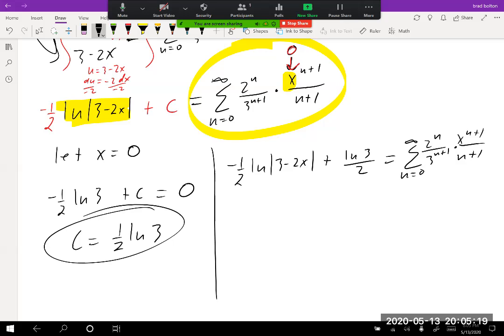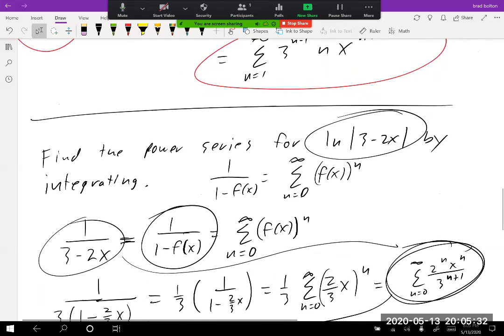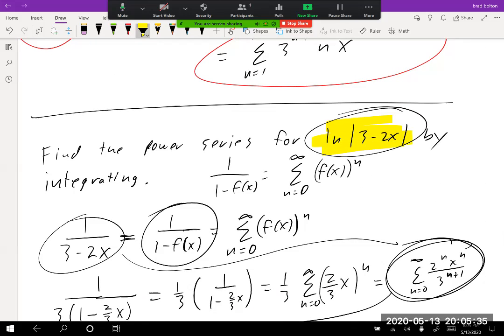A little complicated, but that's what it is. There's nothing we can do about that. Now our job is to solve for ln of 3 minus 2x. We got to get this alone. Once again, that's what we're trying to isolate, because way up here, this was the original goal: find the power series for that. So that's what we're working on right now, okay?